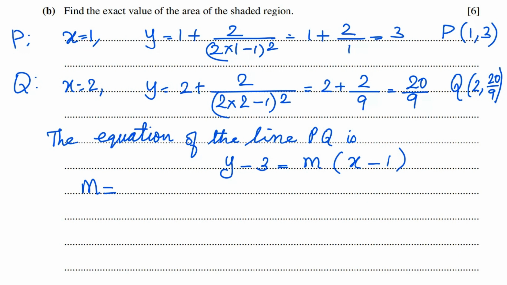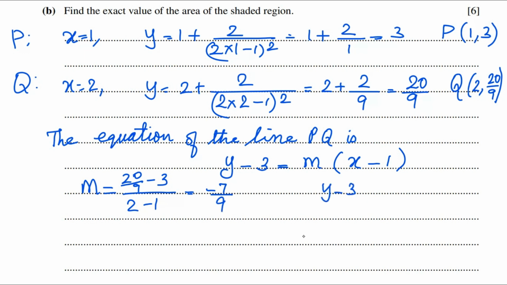M is (y2 minus y1) divided by (x2 minus x1). So (20 over 9 minus 3) divided by (2 minus 1). 2 minus 1 will be 1 in the denominator. So numerator 20 over 9 minus 3. So 20 minus 27. So negative 7 over 9 is the gradient.